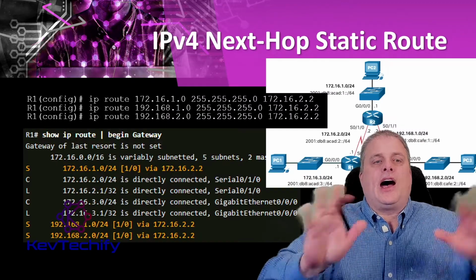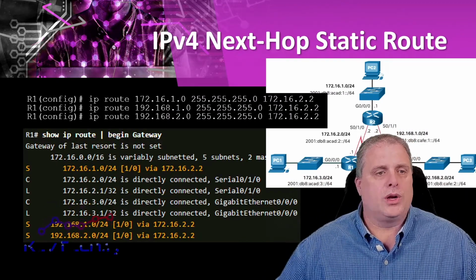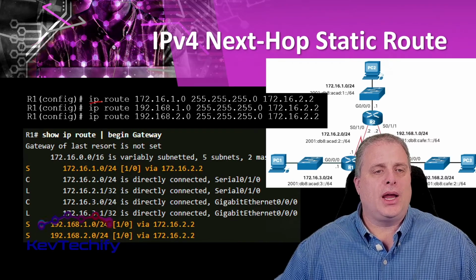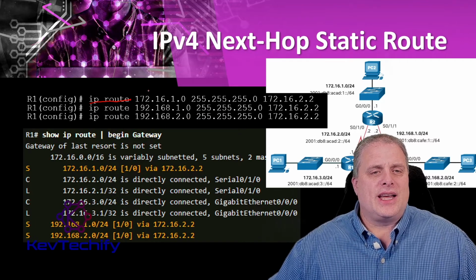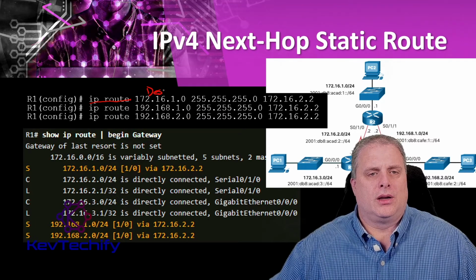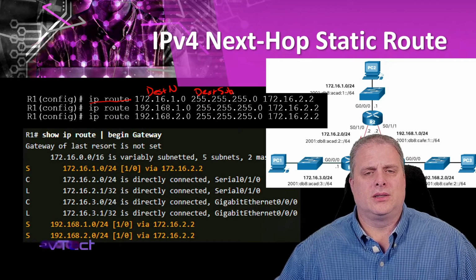Okay, let's take a look at how we actually implement this. On R1, we're going to use the IP route command. And we're going to say, this is our destination network, destination subnet mask.